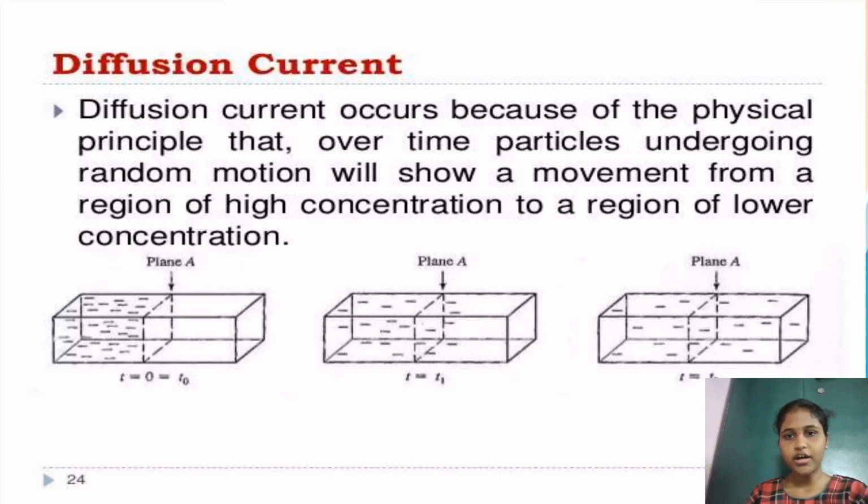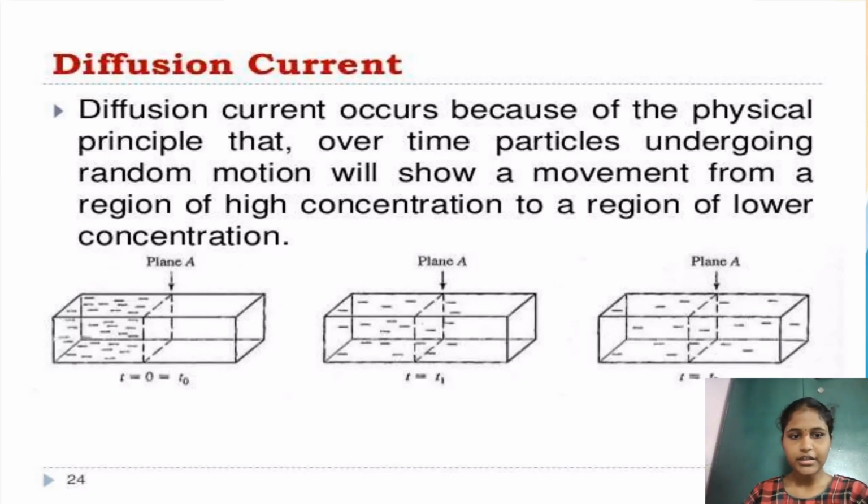Diffusion current occurs because of the physical principle that over time particles undergoing random motion will show a movement from a region of high concentration to a region of low concentration. See here from the three figures.